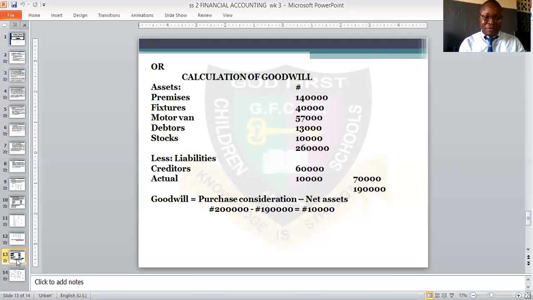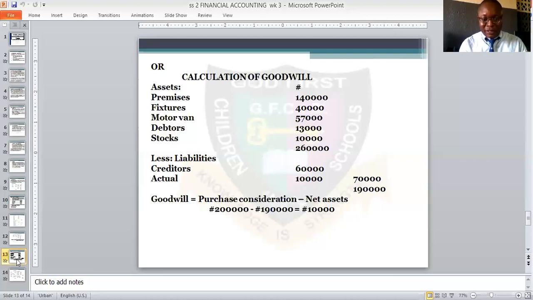We have the asset 140,000, premises, fixtures 40,000, motor vans 57,000. We have the debtors 30,000 and stock. Stock is 10,000. So we have 270,000. When you sum everything together, you get 270,000 there. Then less liability, and the liability we are having is creditors and acquire.